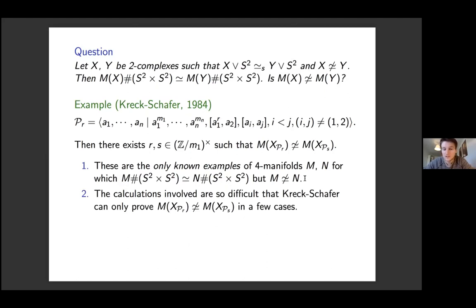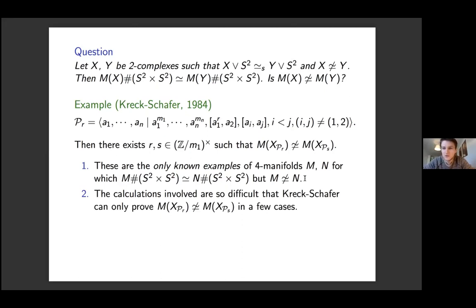In fact, the calculations in the paper of Craig and Schaefer are so difficult that they can only prove that they're not homotopy equivalent in a few cases. And to do this, they throw every tool in the book at it. They use algebraic L theory. They use quite a lot of things to get this result.